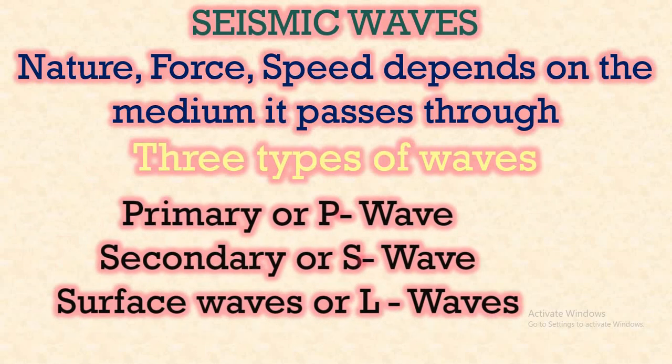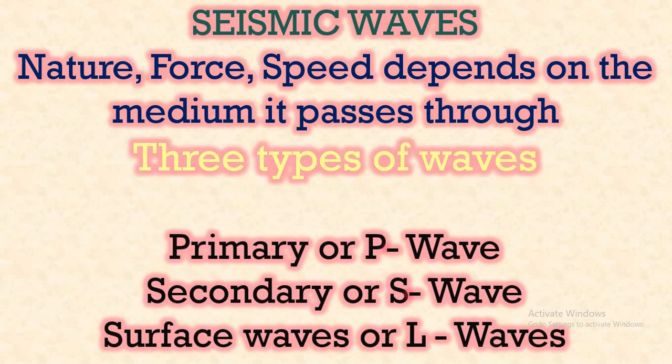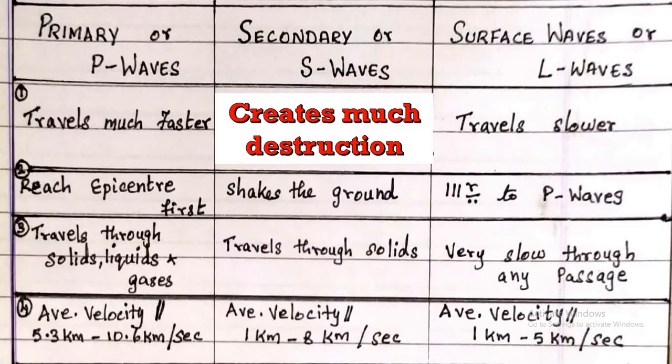We have three types of seismic waves. The primary or P wave, secondary or S wave, surface waves or L waves. We'll see about this. Here I have given you the division of the three seismic waves.